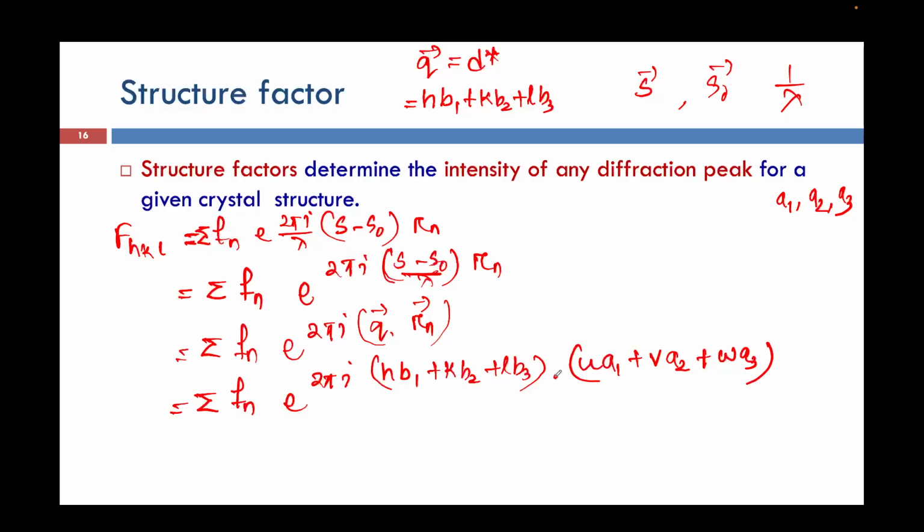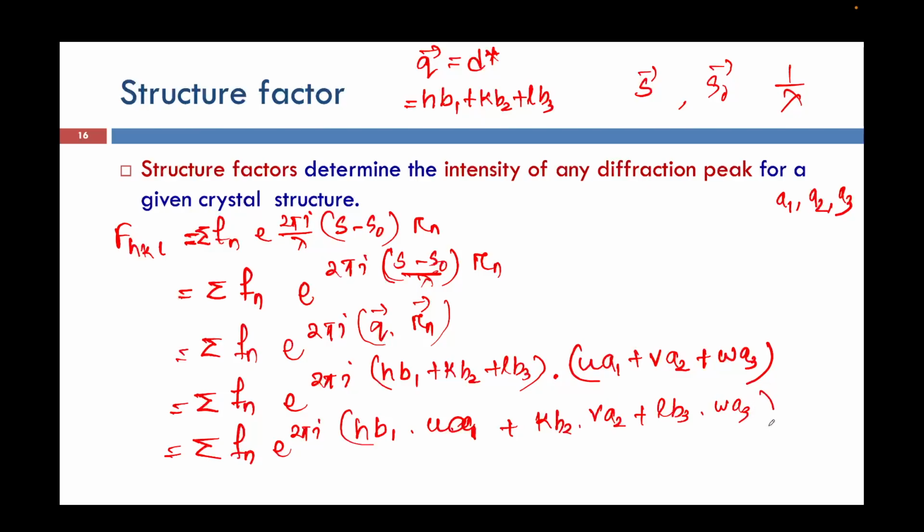Now since I know that it's a dot product, Fn e to the power 2 pi i, these things will be multiplied: h b1 into u a1, plus k b2 into v a2, plus l b3 into w a3. This is what I can write. Why am I not writing the cross terms like h b1 into v a2?